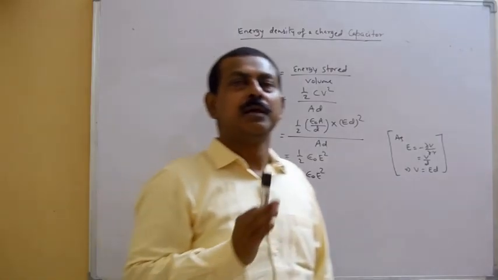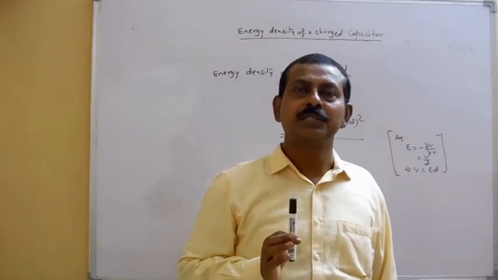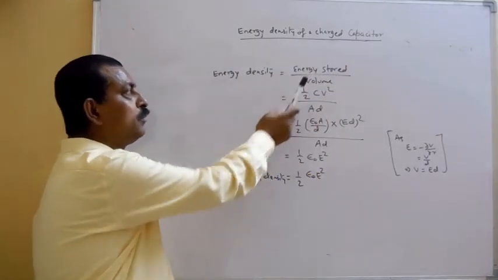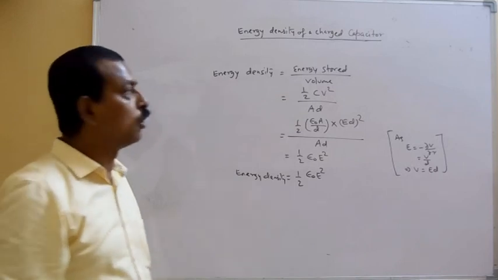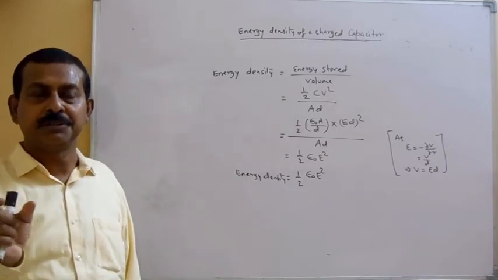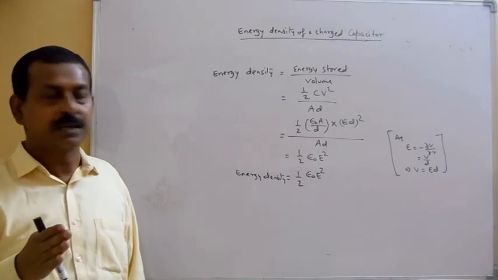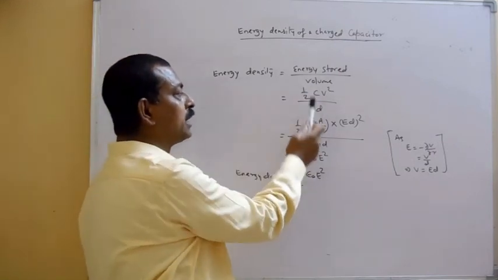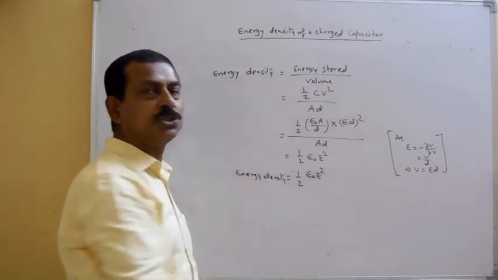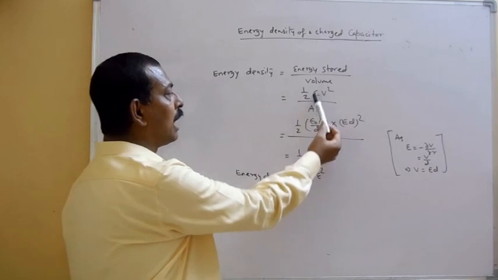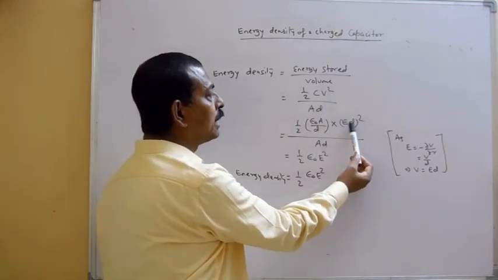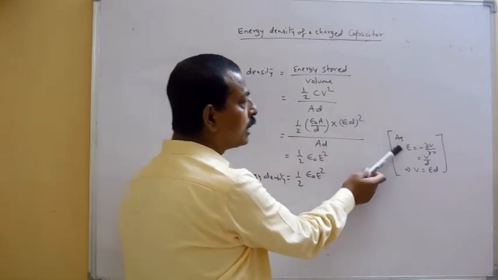Let's now do energy density of a charged capacitor. Energy density will be energy stored per unit volume. Volume will be determined by the gap between the plates of the capacitor. If it is D and plate area is A, the volume can be written as A into D, and the energy stored is half CV square. So it is half epsilon naught A by D for C, and for V we can write ED, squared. How are we writing this?